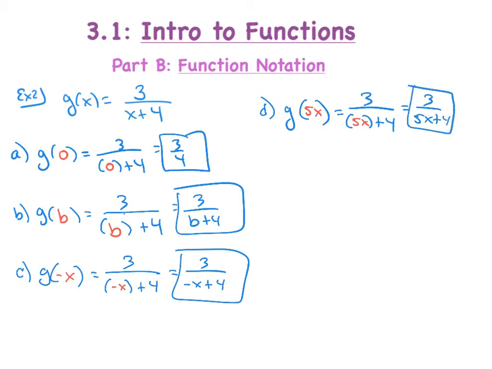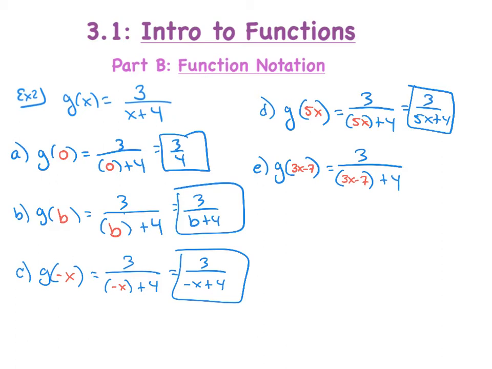Okay, 2 more. Let's do g of 3x minus 7. So at first, I'm going to do 3 over parentheses plus 4. And into those parentheses, I'm going to put that 3x minus 7. Okay, oh, there actually is simplifying to do here.